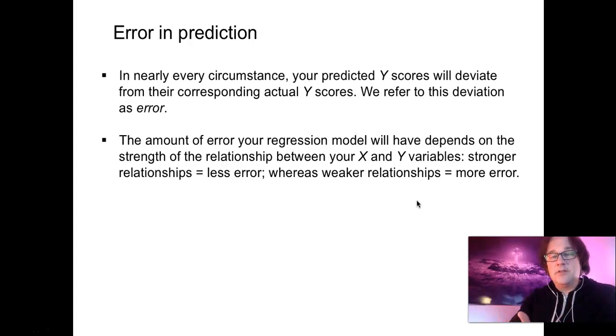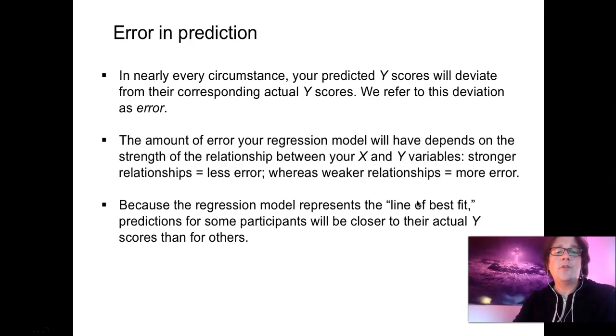The weaker the relationship we have, the more error we're likely to experience when making predictions. Okay, so because the regression model represents the line of best fit, predictions for some participants are going to be closer to their actual Y scores than others. It's not the line of perfect fit, right?